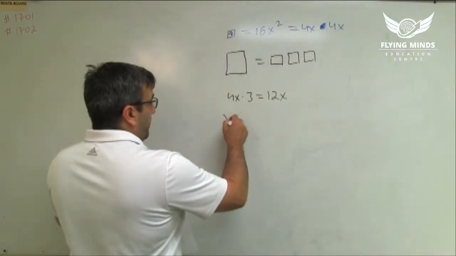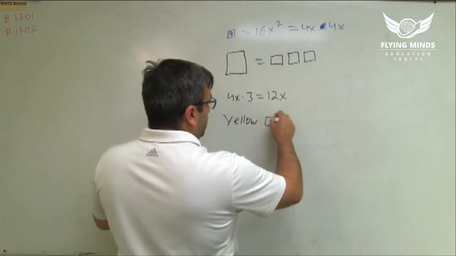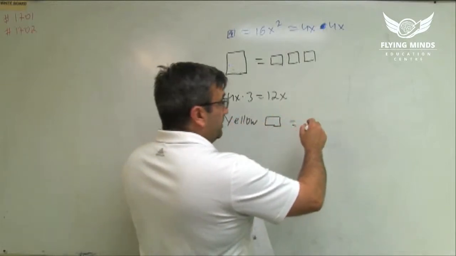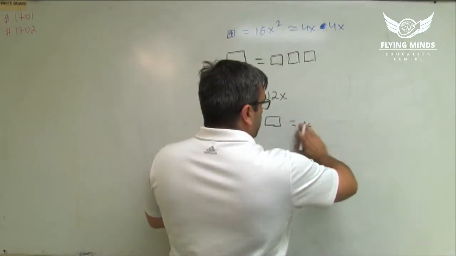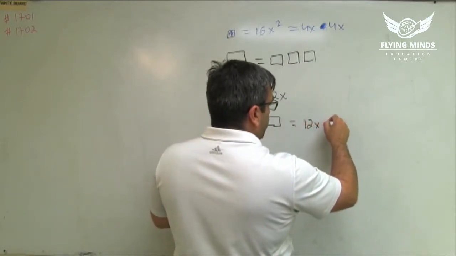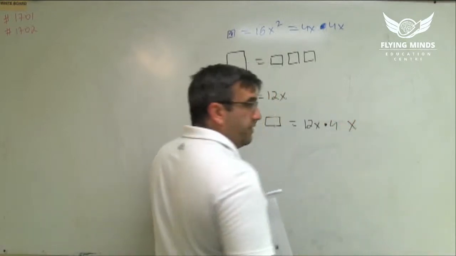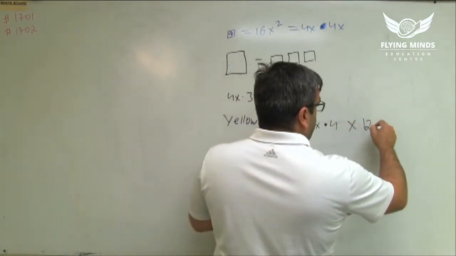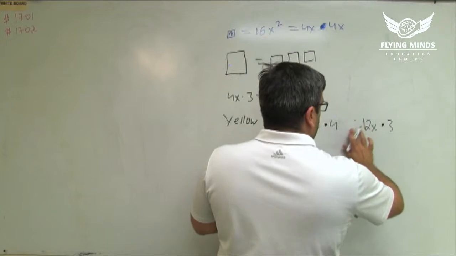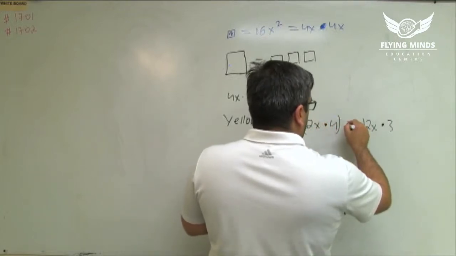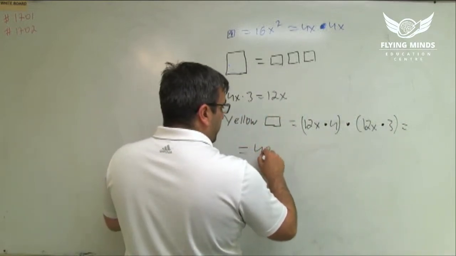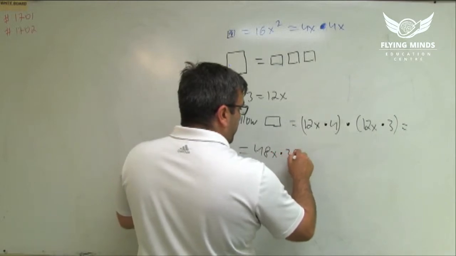So the yellow rectangle's length will be 12x times 4, and the width is 12x times 3. So it will be 48x times 36x.